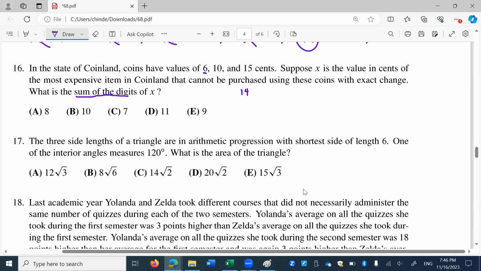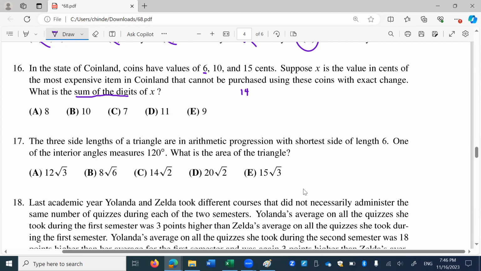And so 15, 16, 17 can't be made either. 18 can be made. 19, that's not going to work out. 20 can be made. So yeah, I think we can guess and check our way a little bit here.